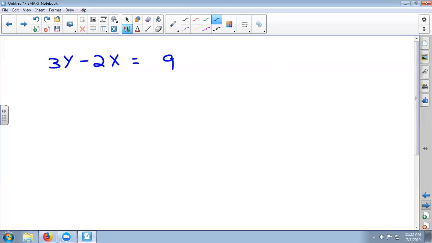Let's graph the x and y intercept. First, let's do the x intercept. So when we find the x intercept, what do we do? Make y equal 0.